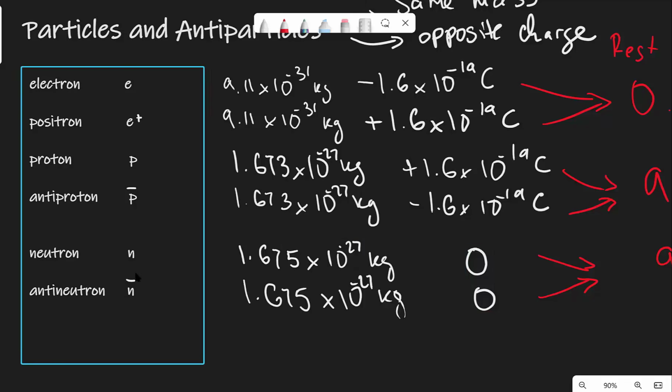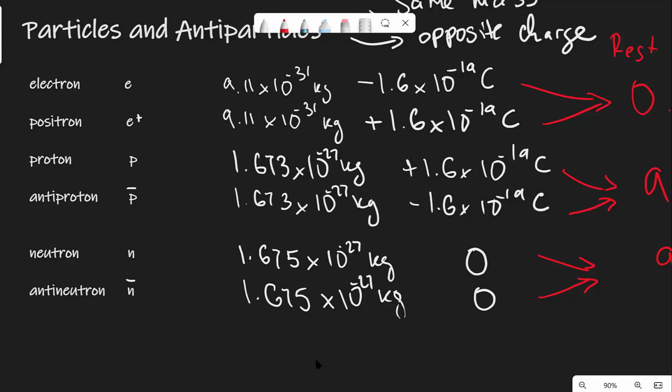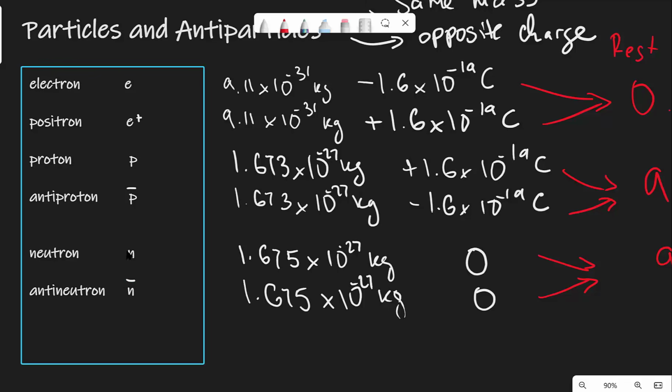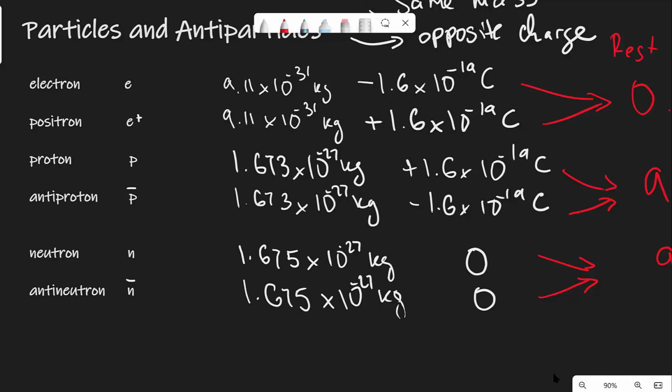People often ask me, why are those two particles different? The answer to this will become apparent once we start doing quarks. They're actually a different particle. They're made out of anti-quarks instead of quarks, and it just turns out that the properties are such that the net charge is 0. They also have an opposite spin, which is another property that we don't really do much of during A level.